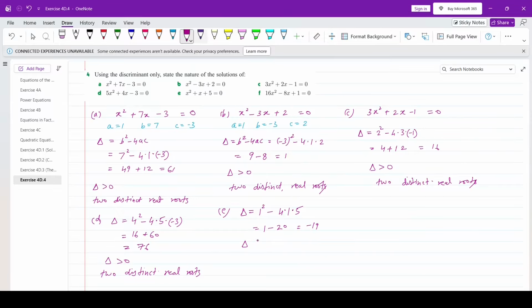We know the discriminant is less than 0, hence no real roots. f is, so the discriminant is going to be b square, that is negative 8 square, minus 4 times a, that is 16, times c, that is 1. So this is 64 minus 64 and becomes 0. Since the discriminant is 0, we have one real solution.